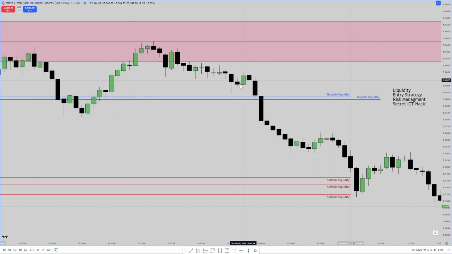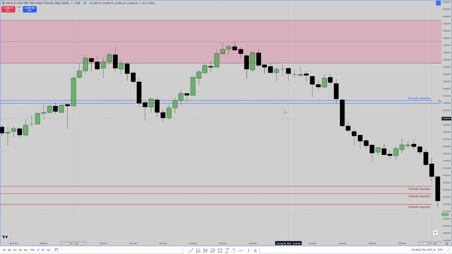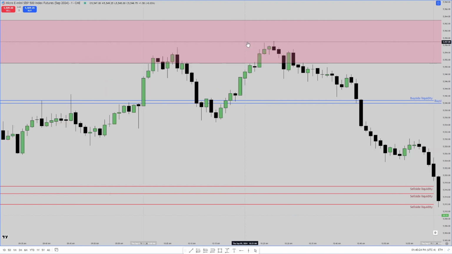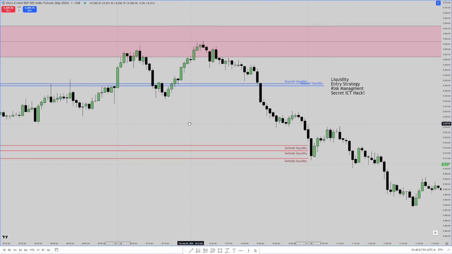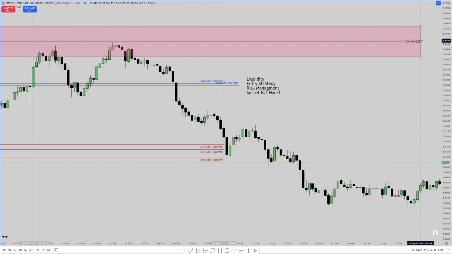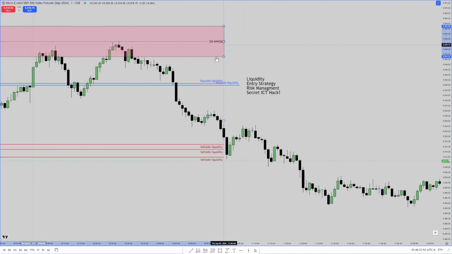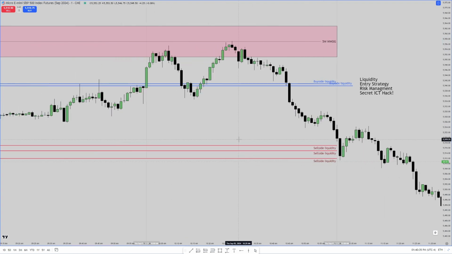So you can see here that we hit this level. This is a weekly gap. If you are an ICT trader, you'll understand what a new week opening gap is. It's the difference between where we closed on Friday and where we opened on Sunday night.